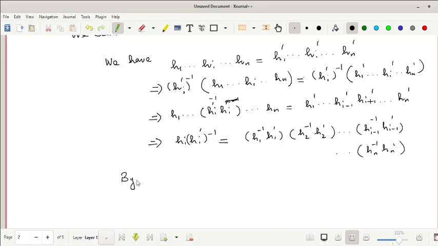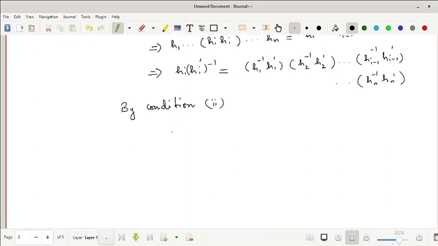By condition 2, definitely the intersection contains identity, so this will be this, okay, hi prime inverse hi, this is identity, and this will imply hi equal to hi prime.